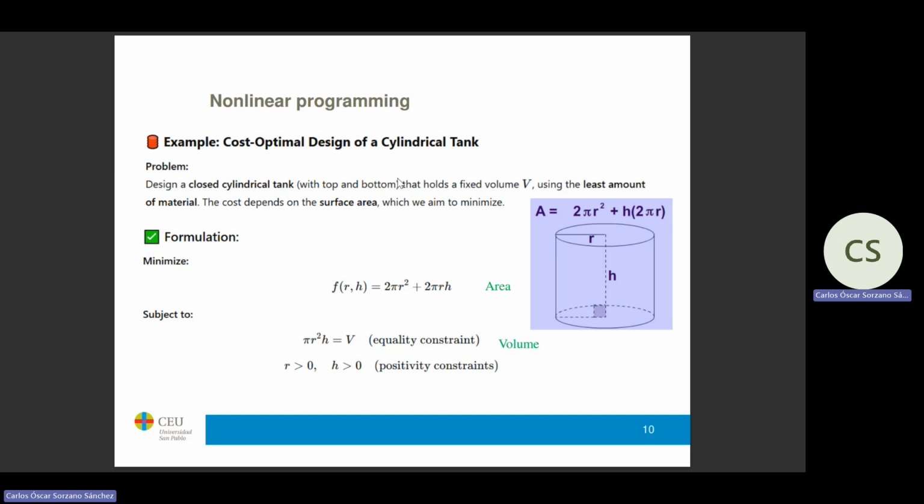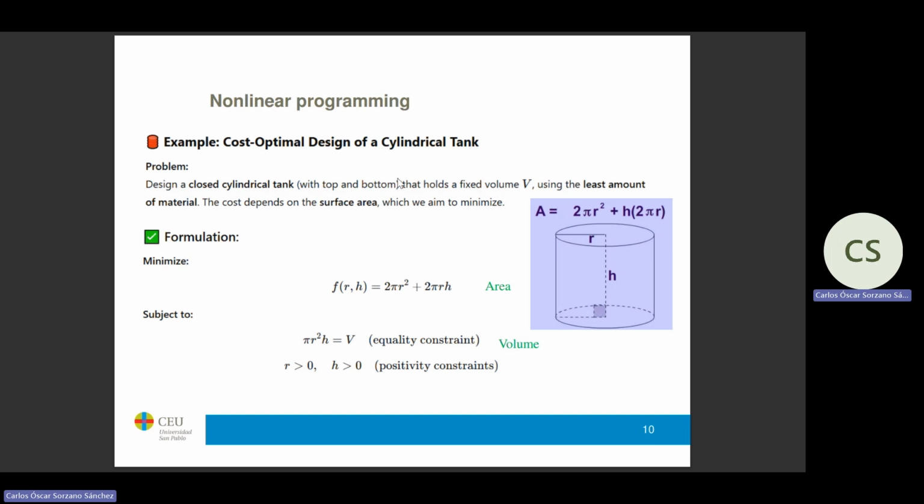This is a very classical problem. What is the amount of material that I need? The amount of material is proportional to the area of that tank. The larger the area, the more material. At the end, all you have to do is construct these surfaces such that they hold 1,000 liters.